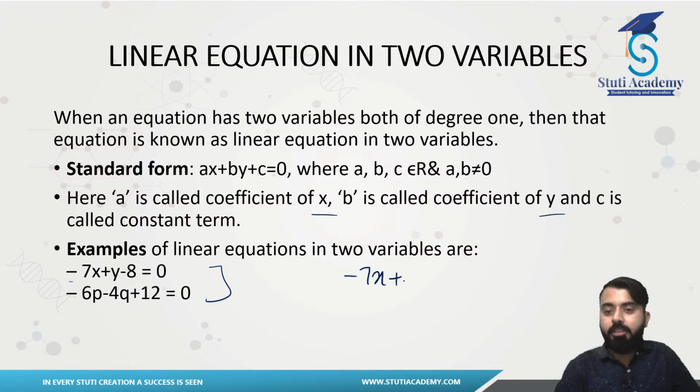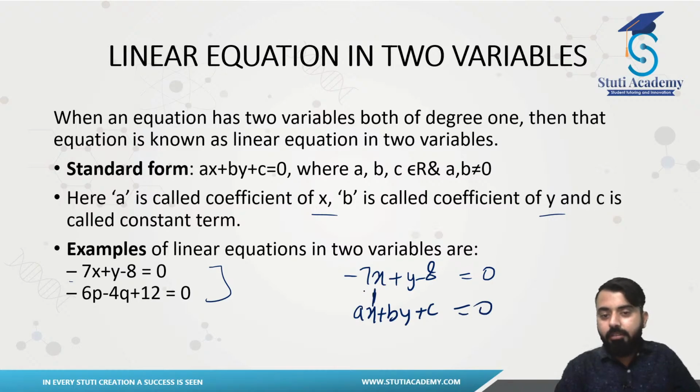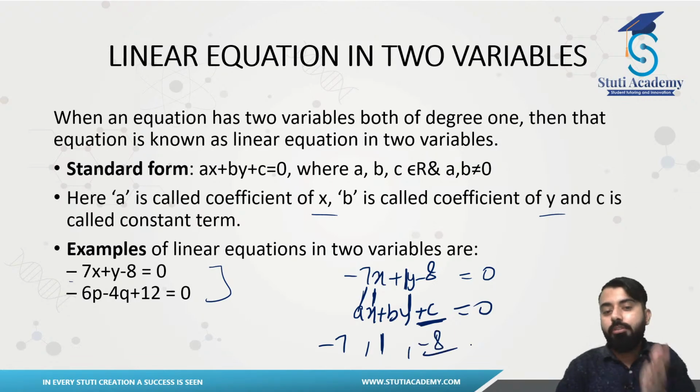If you had minus 7x plus y minus 8 equals 0 and compared it to ax plus by plus c equals 0, you would get this: in place of a I have minus 7; in place of b I don't have anything, that means I have just a 1; and in place of c, I have a negative 8, because before c we should have a positive operator. So these are the things you should remember when writing the coefficients or the variables, for that matter. This is what we have to do in linear equations in two variables.